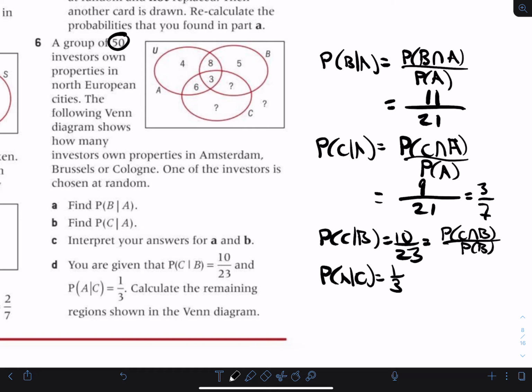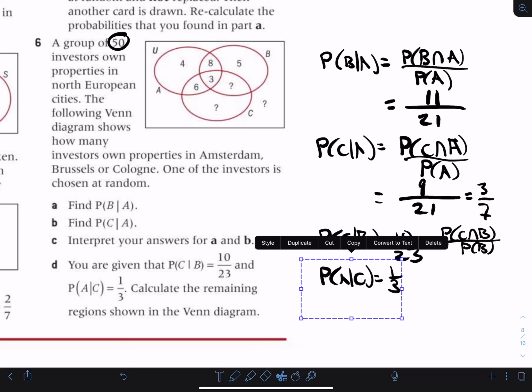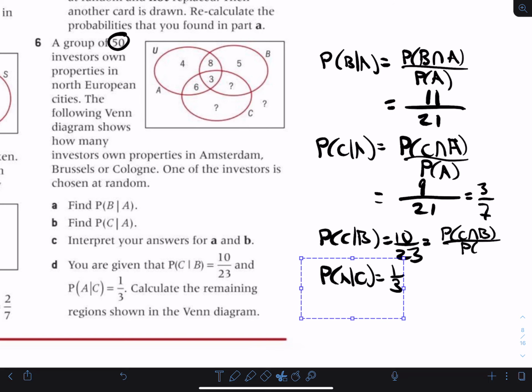Probability of C and B. C and B would be here and here.